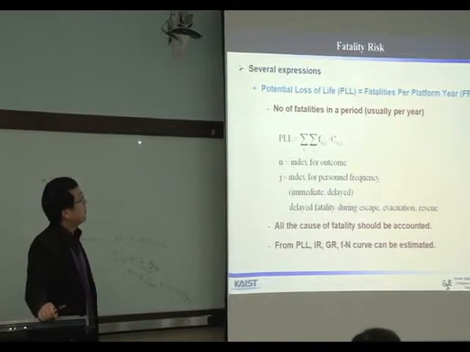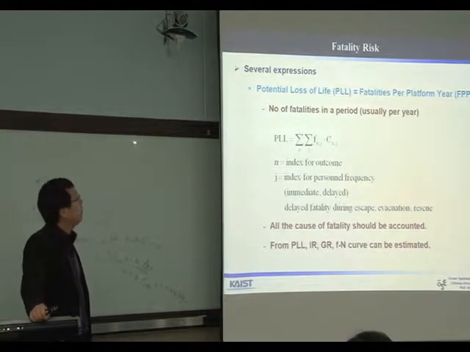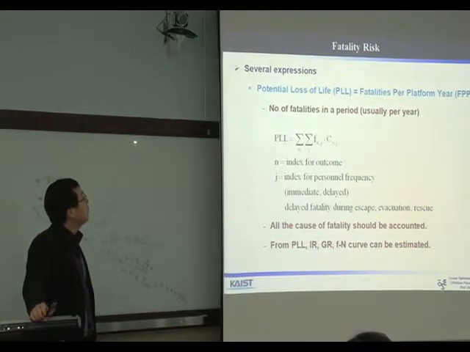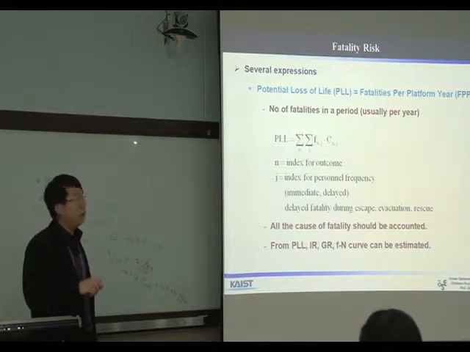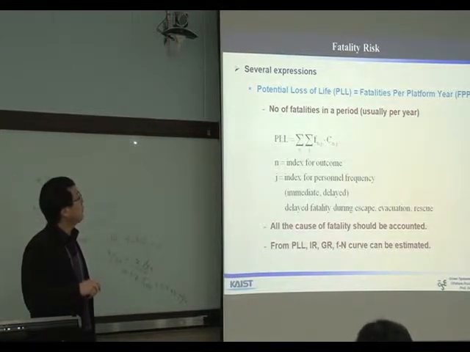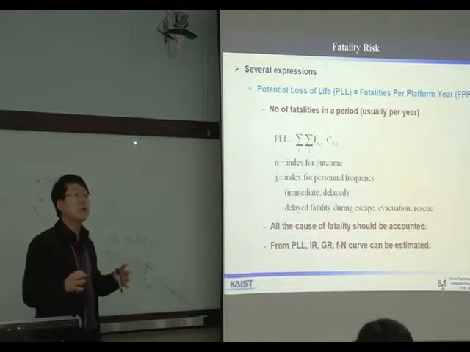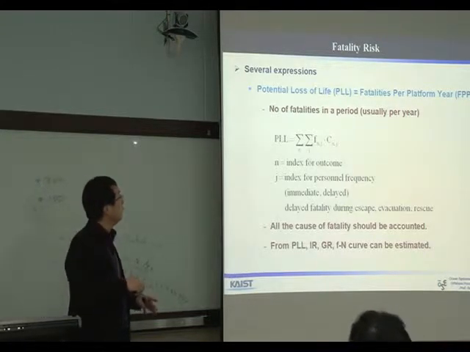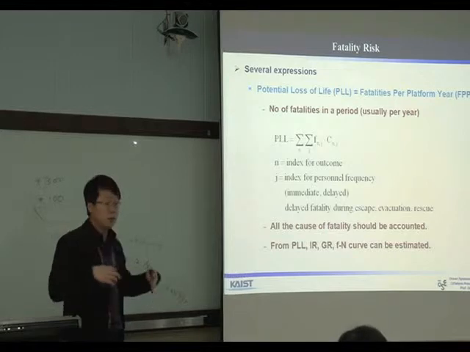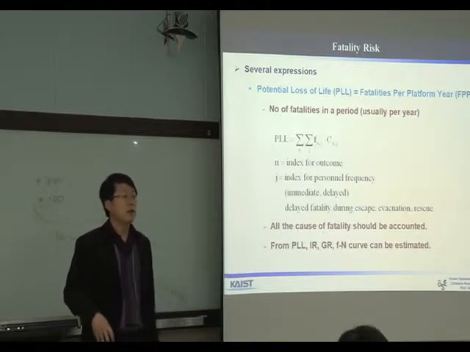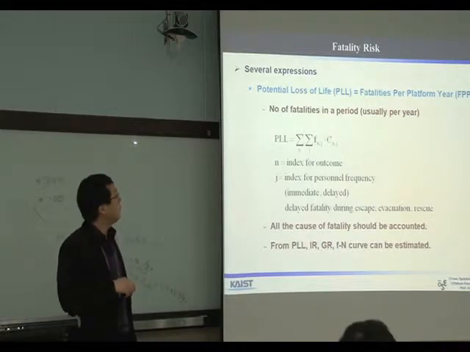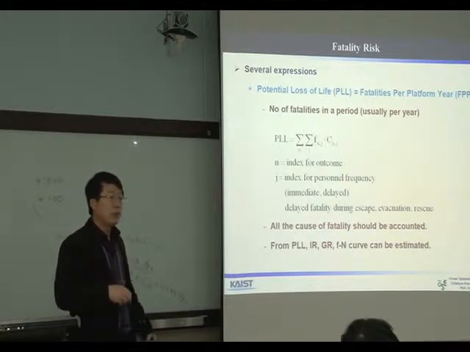Potential loss of life is the fatality per platform year, and it's the number of fatalities in a period, usually a year. So PLL is the sum of all the possible fatalities. This expression looks complicated, but the implied philosophy is that all the fatalities should be summed up.